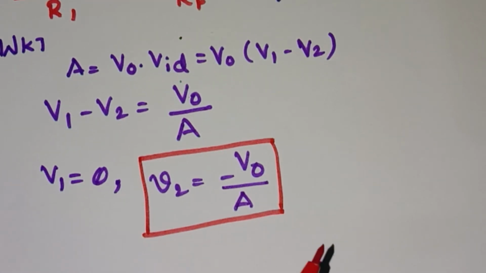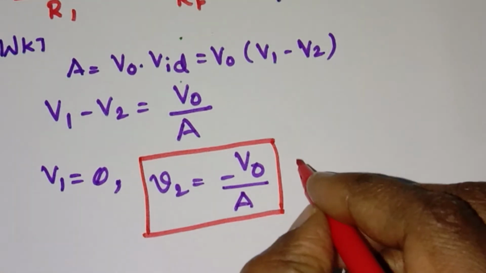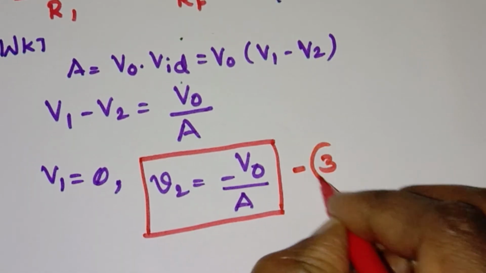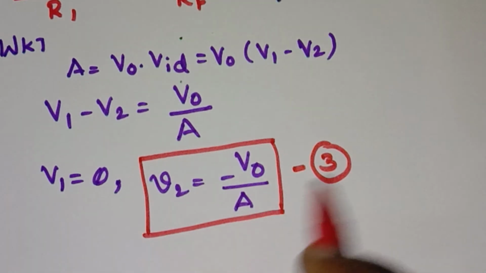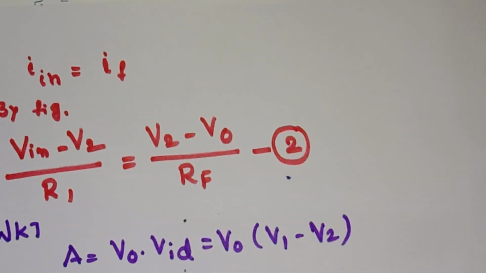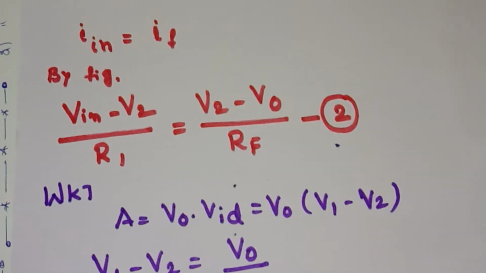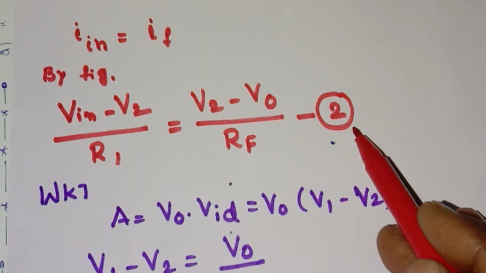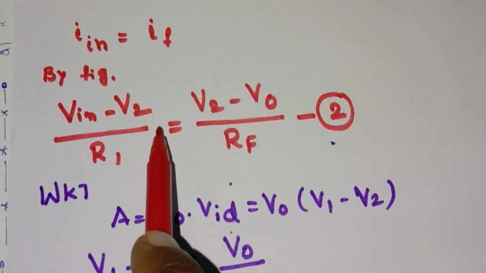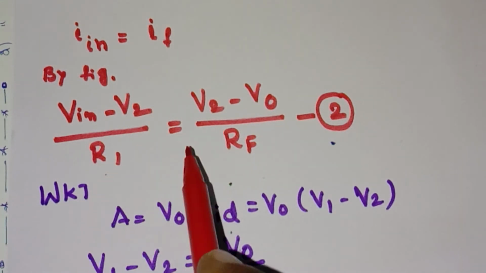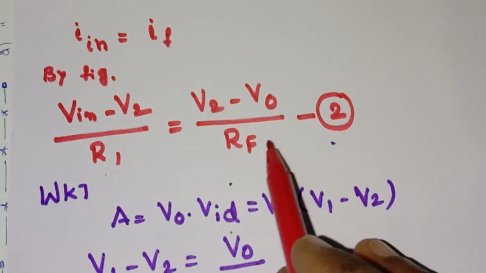Let us take this as equation number 3. Substitute this V2 is equal to minus V out by A in the second equation. What is your second equation? That is V in minus V2 divided by R1 is equal to V2 minus V out divided by RF.